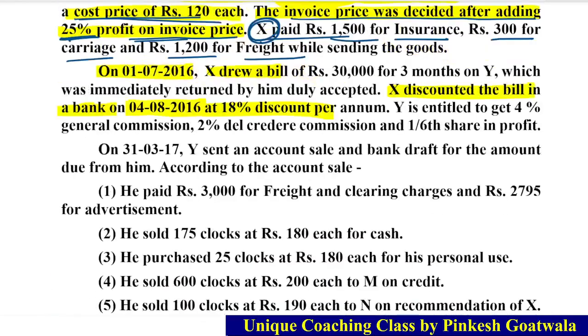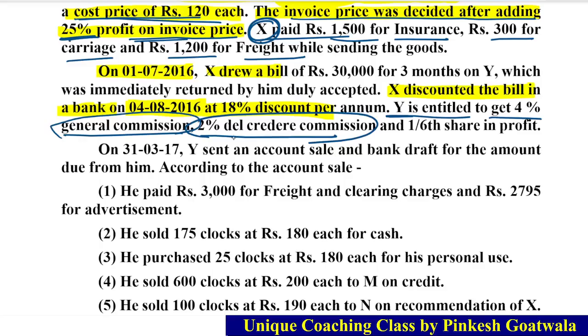Then next point, Y is entitled, Y means consignee, to get 4% general commission and 2% del credere commission. We have learned in previous video. So I just told you general commission is always calculated on total sales and del credere commission is always calculated on credit sale. Okay, remember general commission always total sale per thase and del credere always credit sale per.